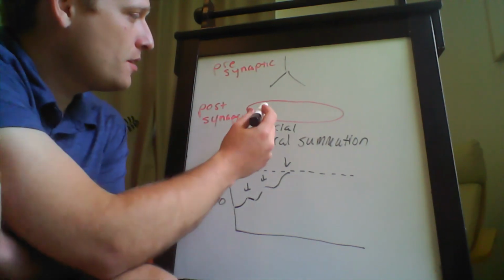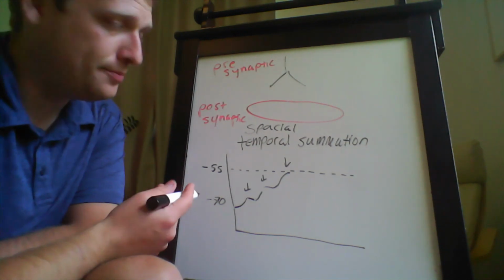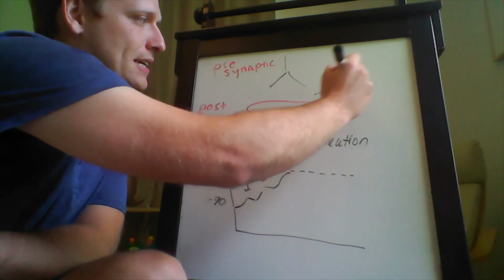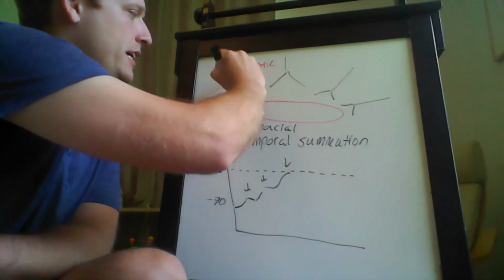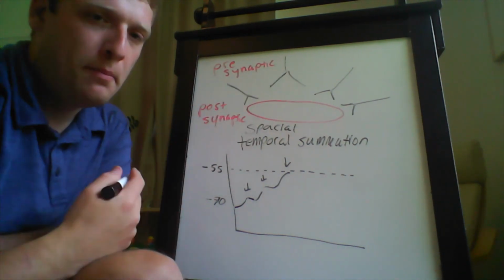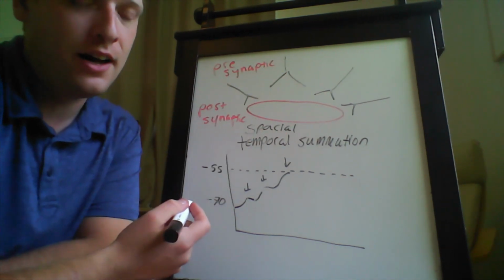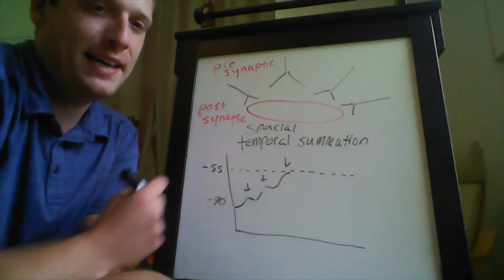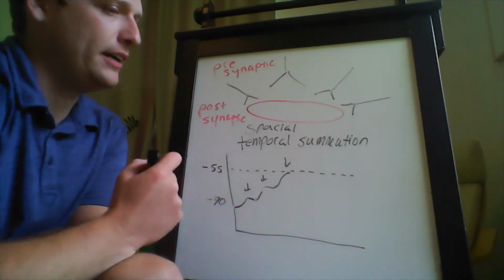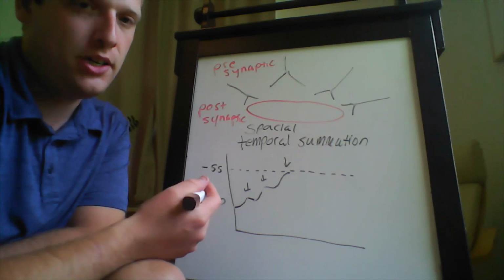Most postsynaptic cells that are under the control of a neuron are actually going to have potentially many neurons exerting an influence on them. So, for one muscle cell, one muscle fiber, there's potential that there's many neurons that are making a synapse with that cell. And if they're all firing, that's going to be called spatial summation.